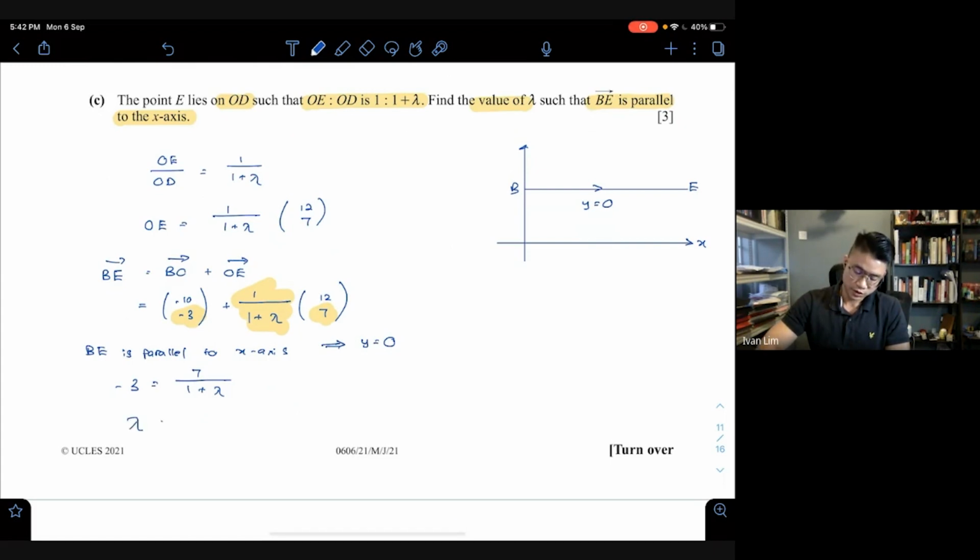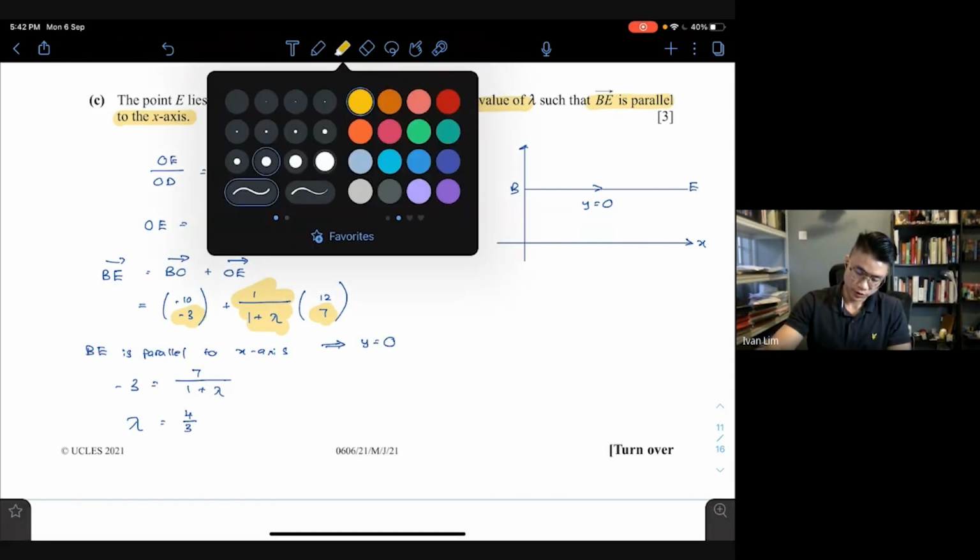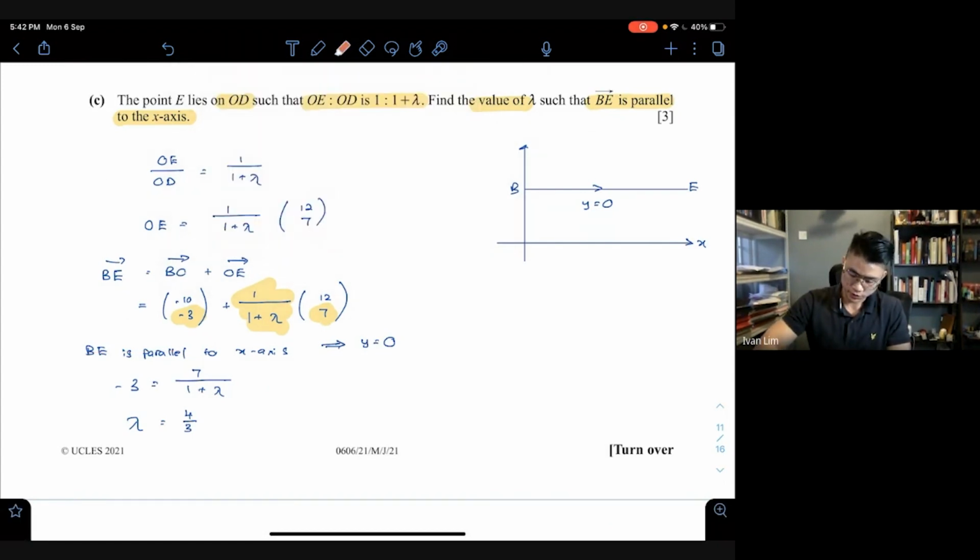When I calculate this, you will get lambda equals 4 over 3. So please remember this here. If it's parallel to the x-axis, then y equals 0. If it's parallel to the y-axis, then your x value will be equal to 0.